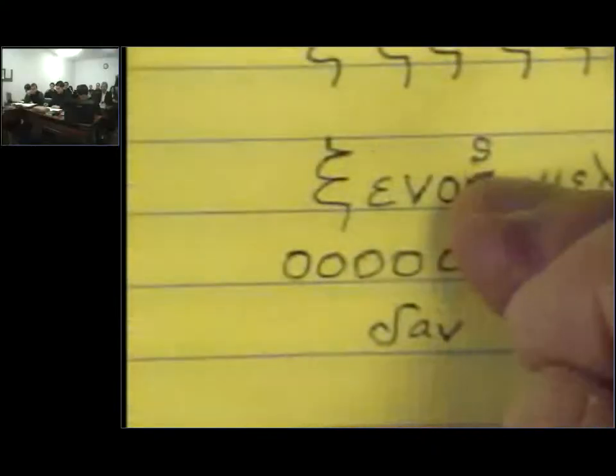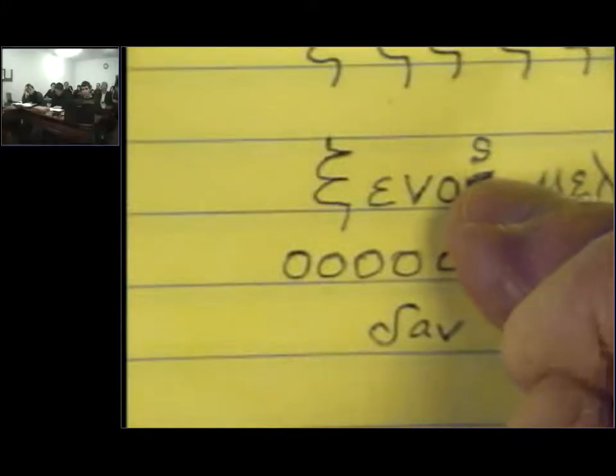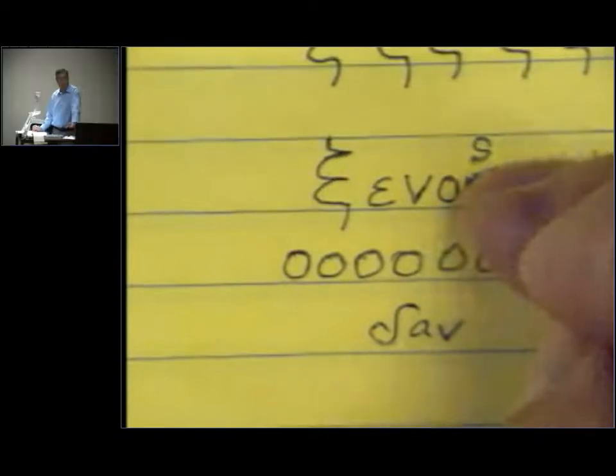I haven't taught you this yet, but these words can have different forms, different endings. If you look this word up in the dictionary, it will be xenos with a sigma at the end.